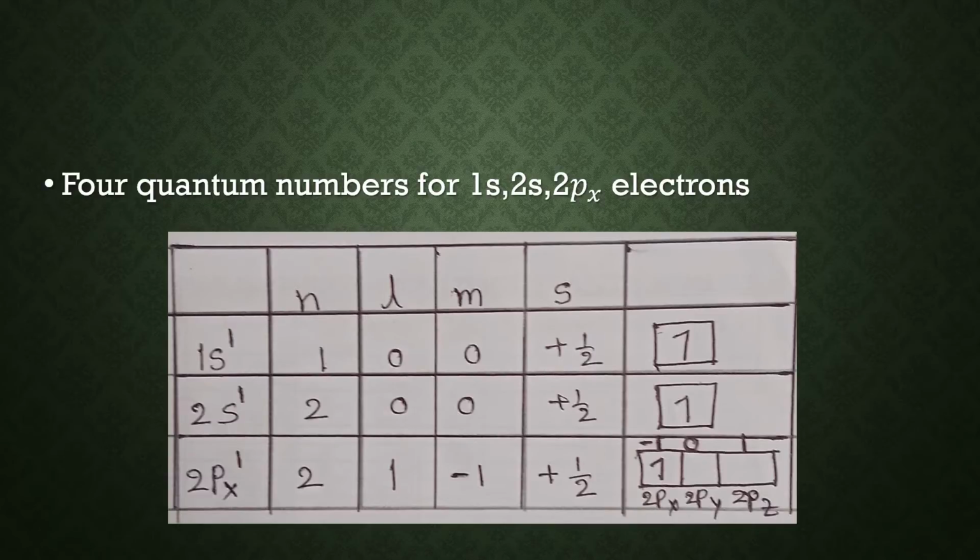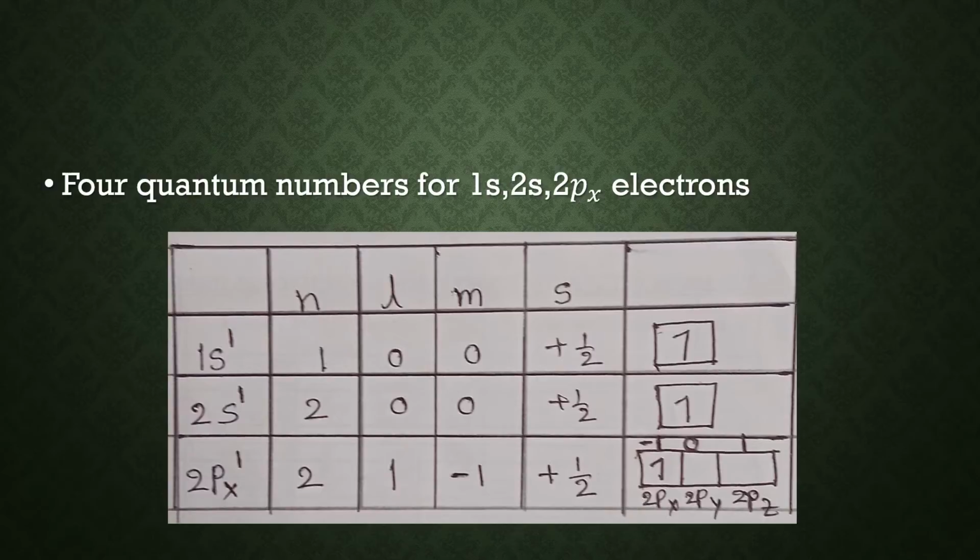Now children, let us write the four quantum numbers for 1s¹, 2s¹, 2px¹ electrons. For 1s¹ electron, n value 1, l value 0, m value 0, s takes plus half. For 2s¹, principal quantum number n equals 2. For s orbital, l value 0, m value 0, s plus half. For 2px¹, n value 2.